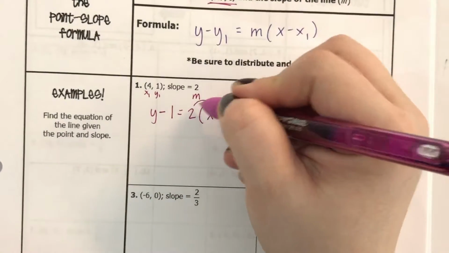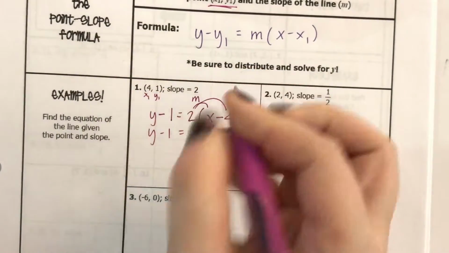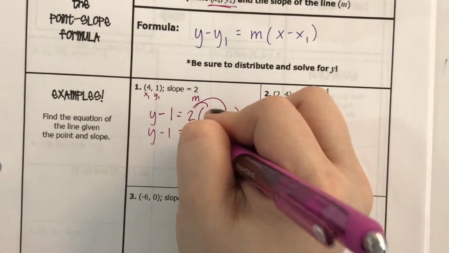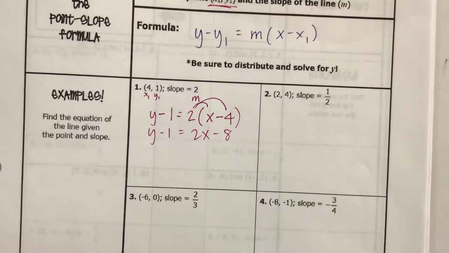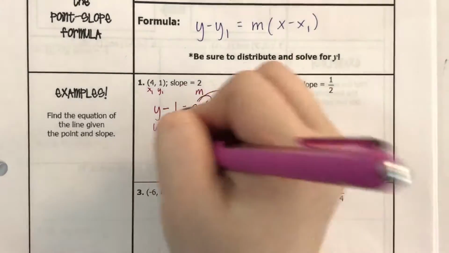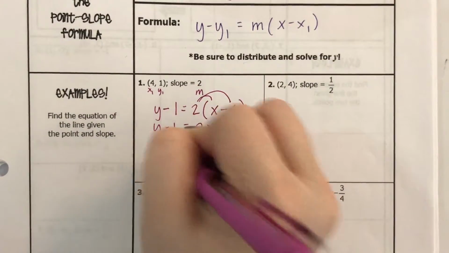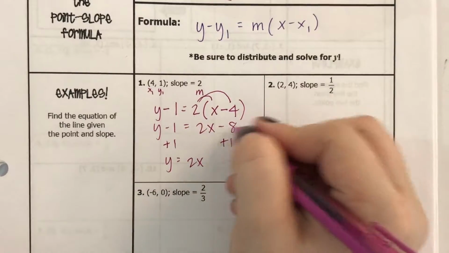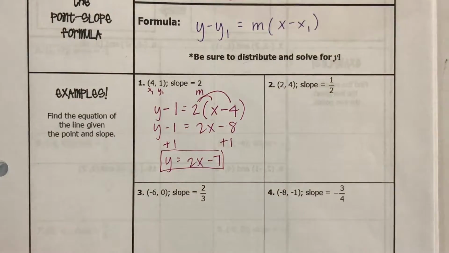Distribute this: y minus 1 equals 2 times x, which is 2x, 2 times negative 4 is negative 8. And then I need to get y by itself, so I'm going to add 1. y equals 2x, negative 8 plus 1 is negative 7. And that's it. That's how you use point-slope form.